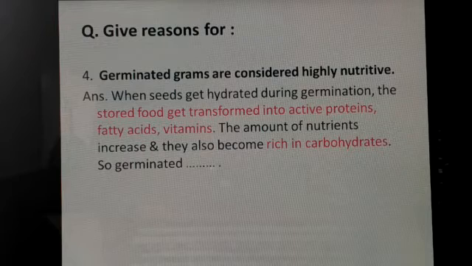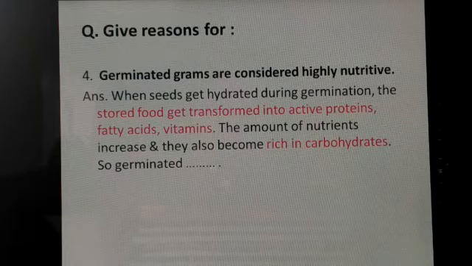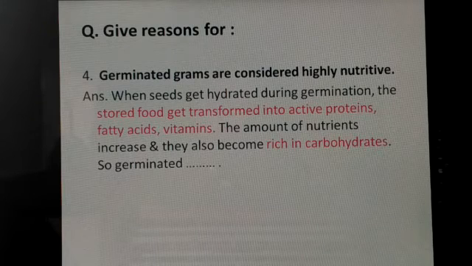Now the reason behind it is, when seeds get hydrated, means when we soak the seeds and they get moisture. Hydration is taking moisture, getting water. So when seeds get hydrated during germination, the stored food which is already present either in cotyledon or in endosperm, that stored food with water gets transformed into active proteins, fatty acids, vitamins.